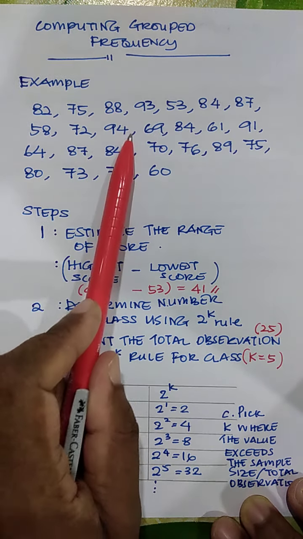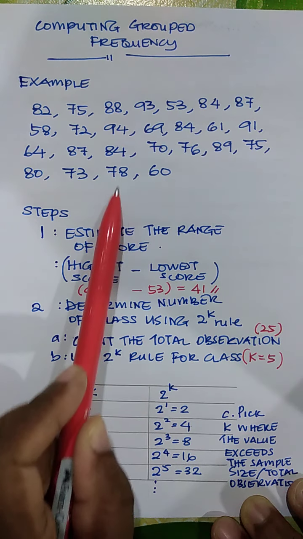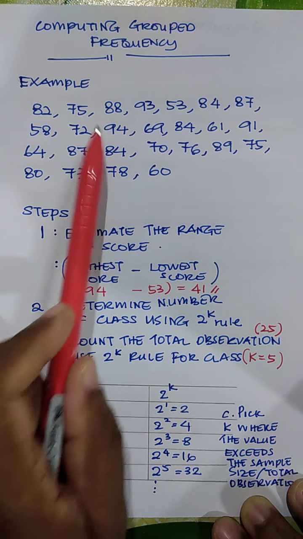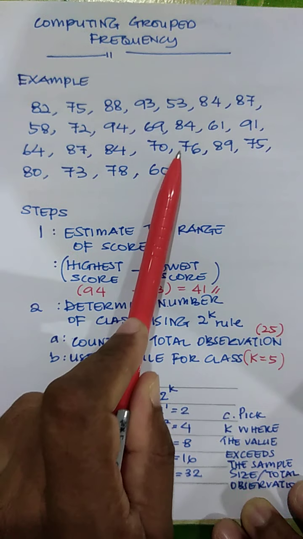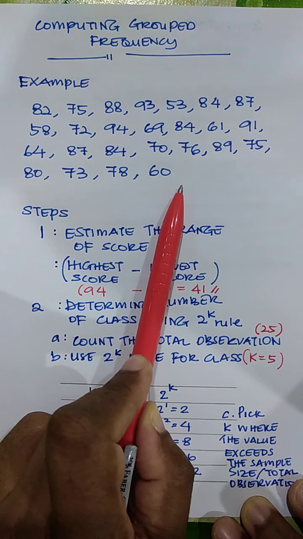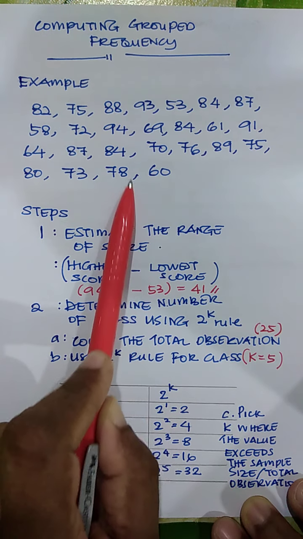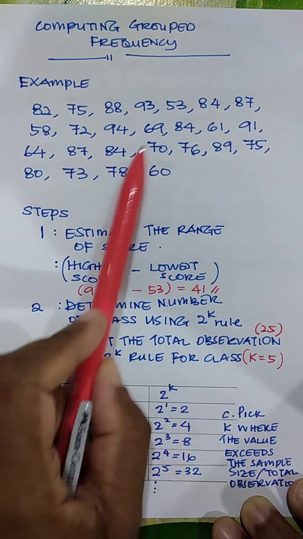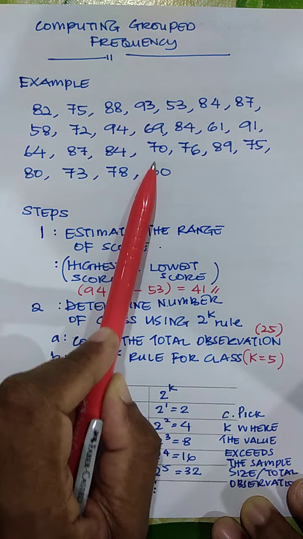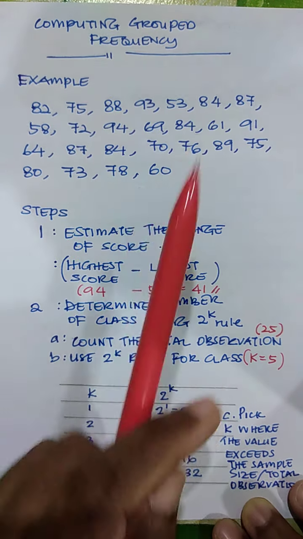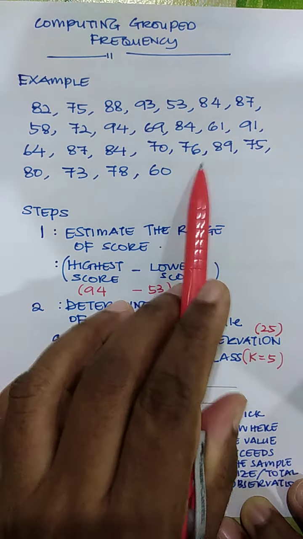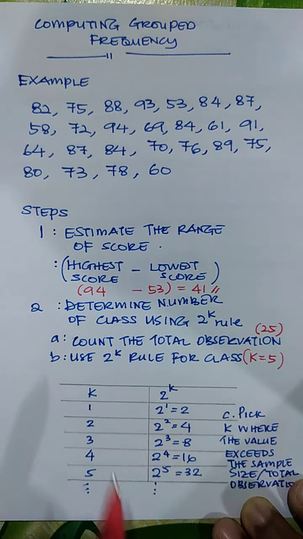It is not practical for us to list each and every value between 53 and 94 and count the number of times each score appears. So what will be the best alternative? We combine them, we group these values into possible classes, possible groups, and then we count how many fall in that particular group.